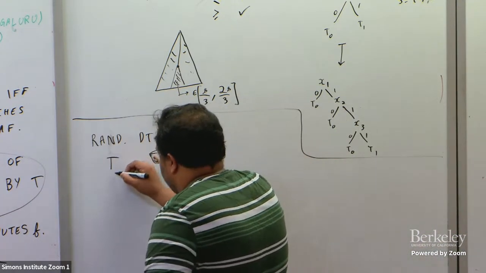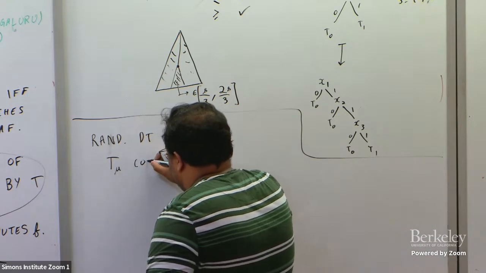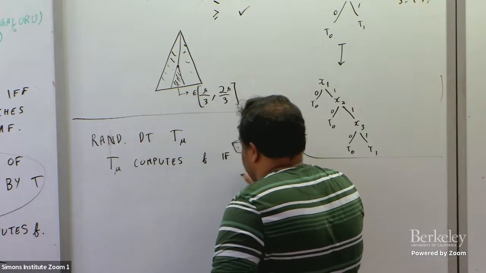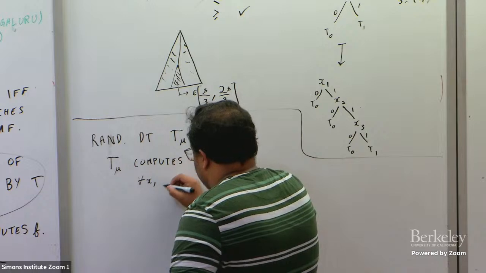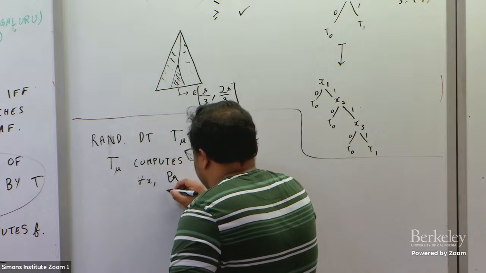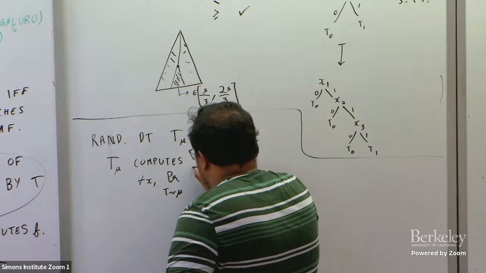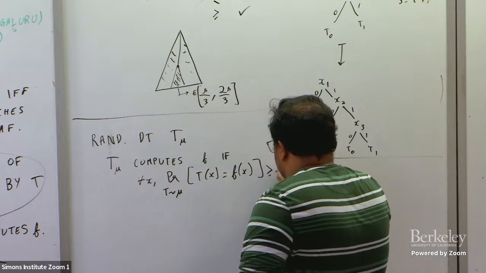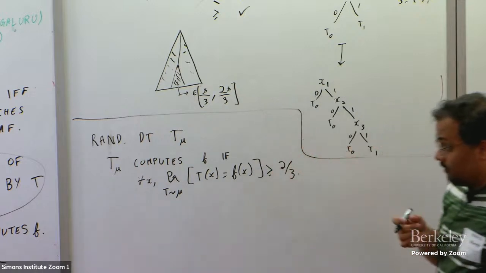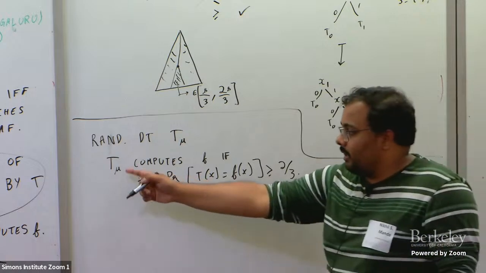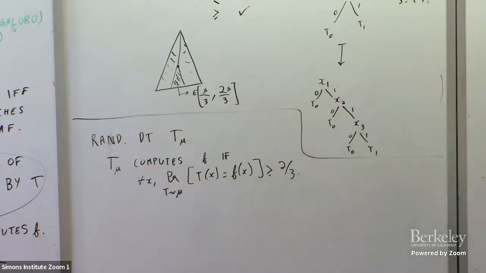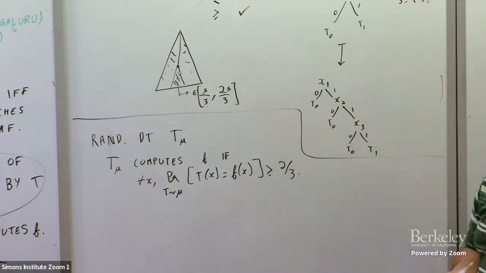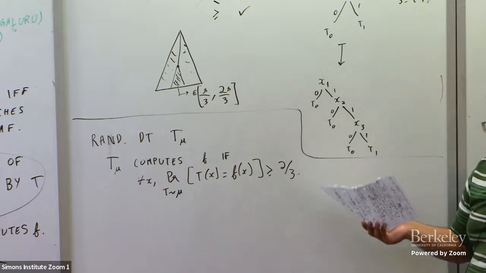And what we will require for correctness is that, so we're going to say that a randomized decision tree T mu, so this is a distribution over decision trees where the distribution is denoted by mu, computes F if for all inputs, the probability of it making an error is small.